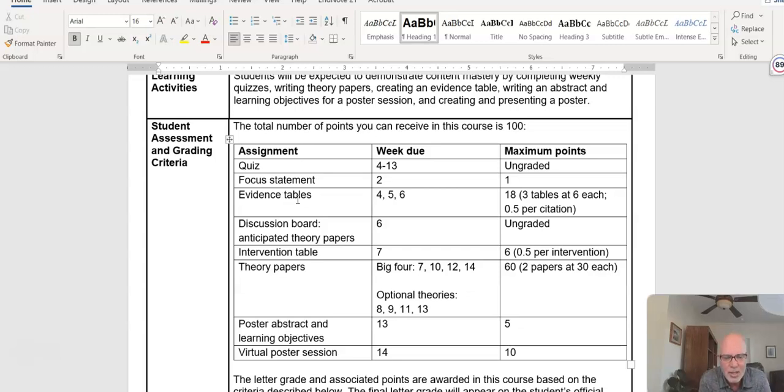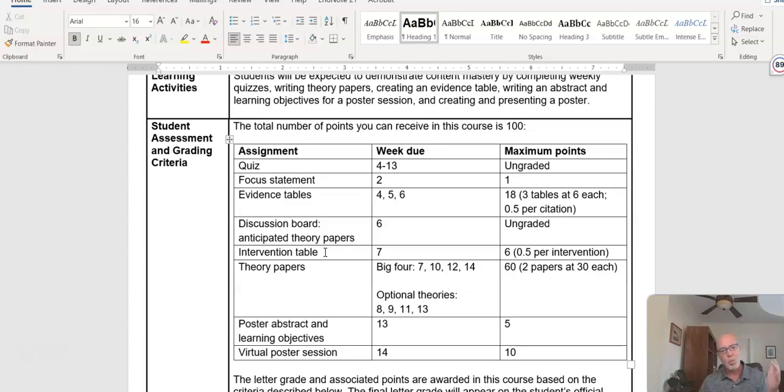In those evidence tables, we're asking students to do the literature review about the theories that are most applicable to their population and behavior, and to understand which constructs have been most modifiable for their behavior with their population. Then they're doing intervention tables in which they do the same thing, except now they're trying to summarize which interventions have most been used for their behavior with their population.